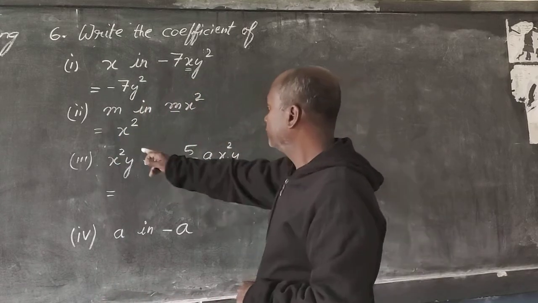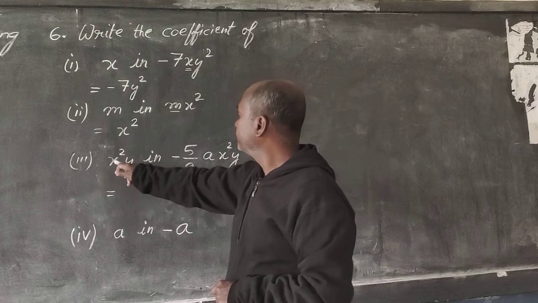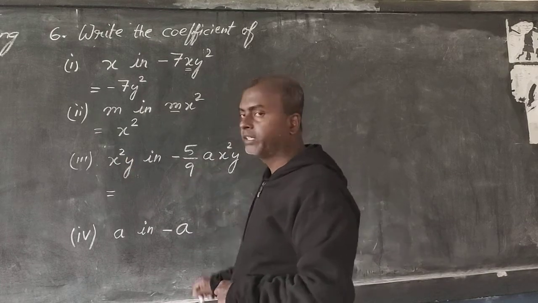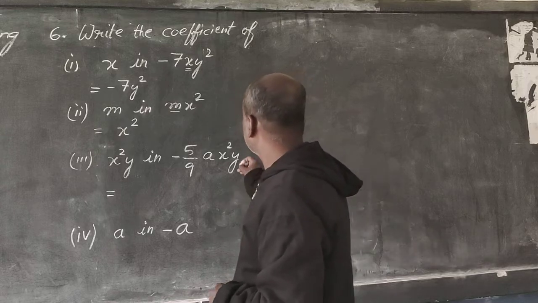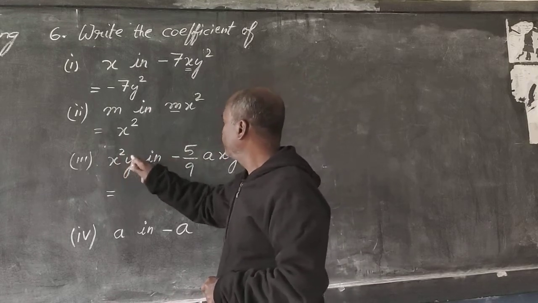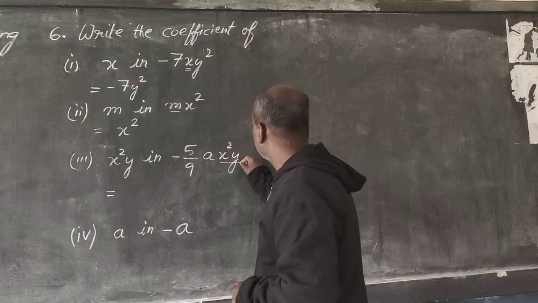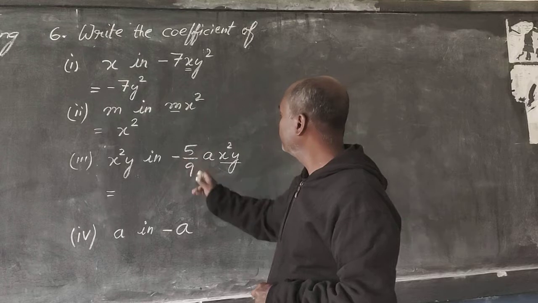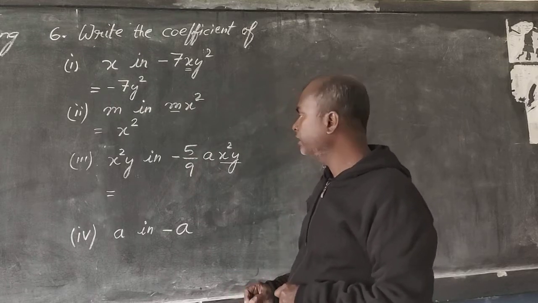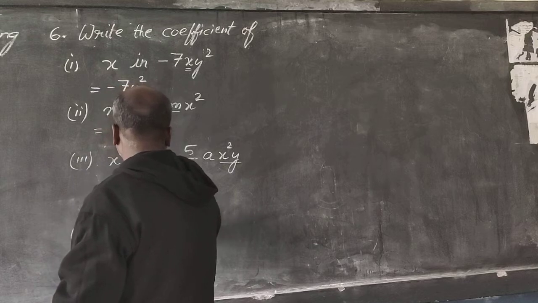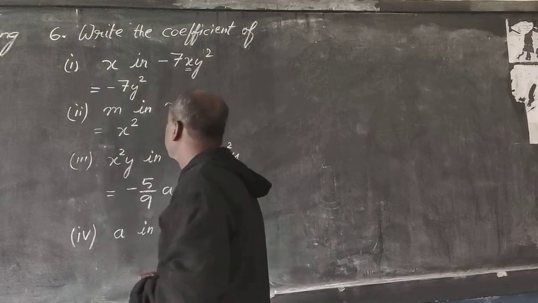Okay, coming to the third part, coefficient of x square y in this particular expression. What we have to do here: x square y, here also x square y, we have to leave this x square y term away, and whatever the rest of the terms are there, that we will write: minus 5 by 9 a.